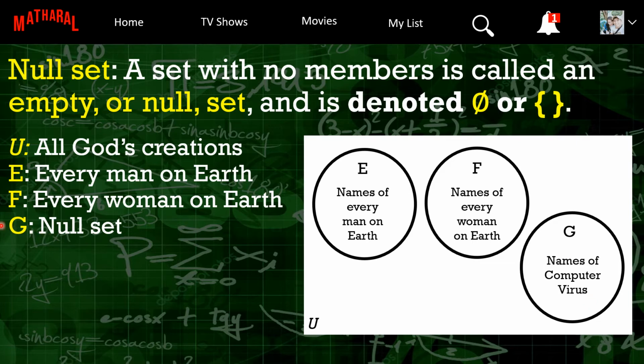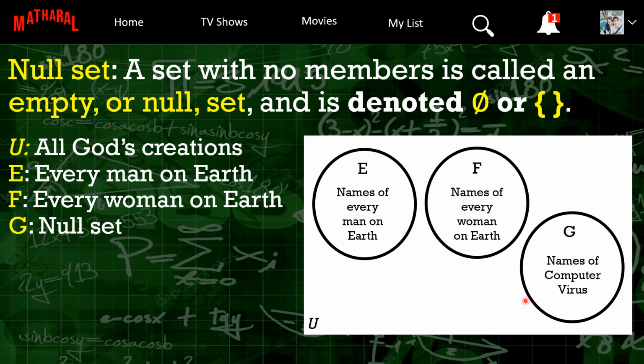Why? Because computer viruses does not belong to God creations. It is human-made. Human product po yan. Kaya, human-made, which is unethical to say that it is a God's creation.